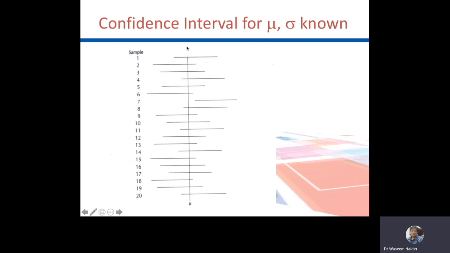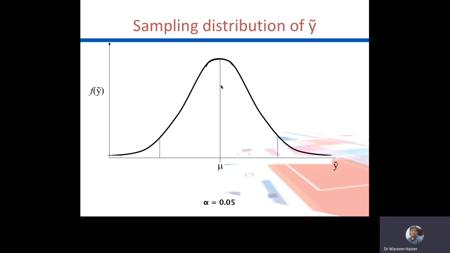Suppose we did this 20 times, at a 5% probability of error, 19 of them would pick up the population mean, and that's what happens. Only one of them is off, so we can say that 95% of these results are good enough to capture the population mean.